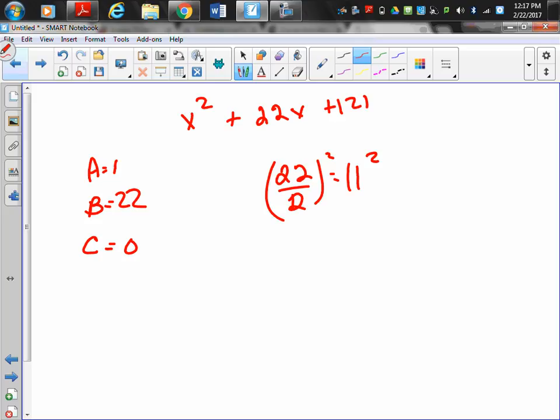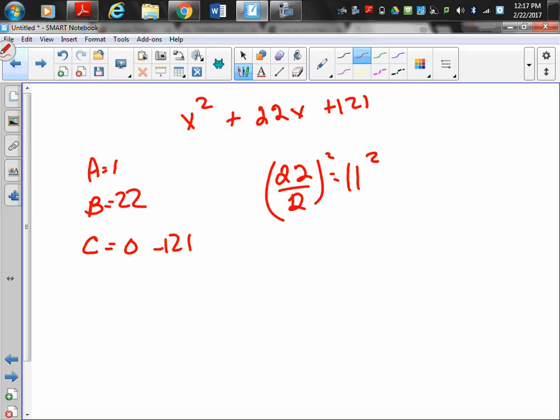But I can't add 121 and have it be the same thing. So whatever you added to complete the square, you have to subtract from C when you're finished.